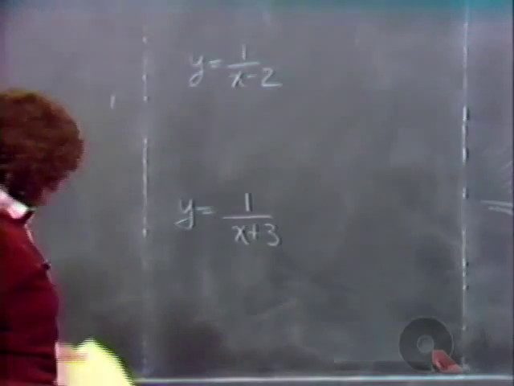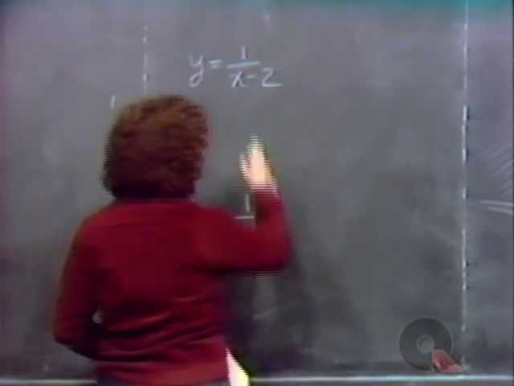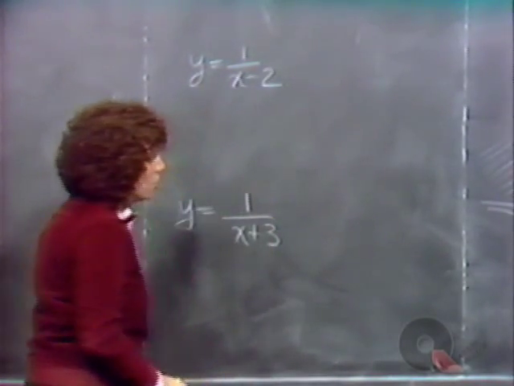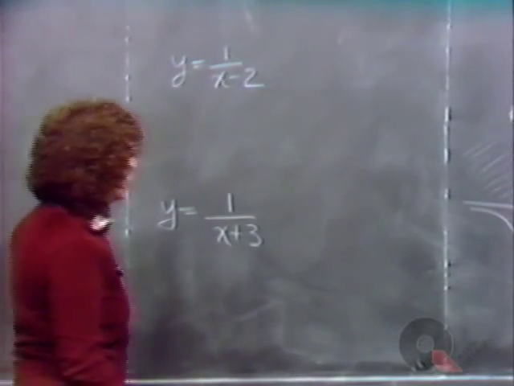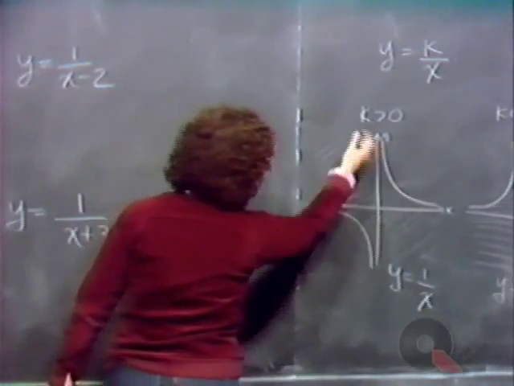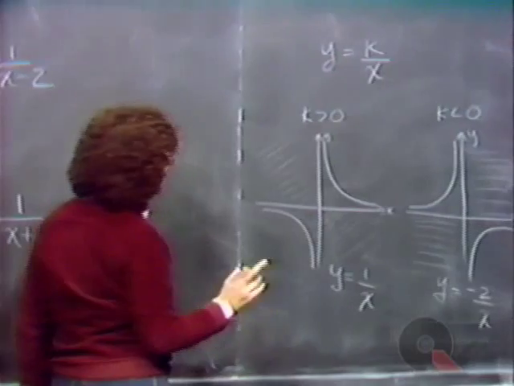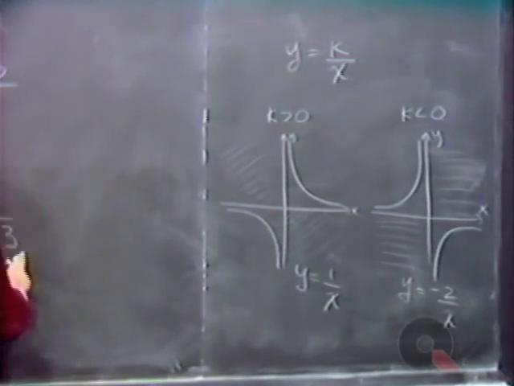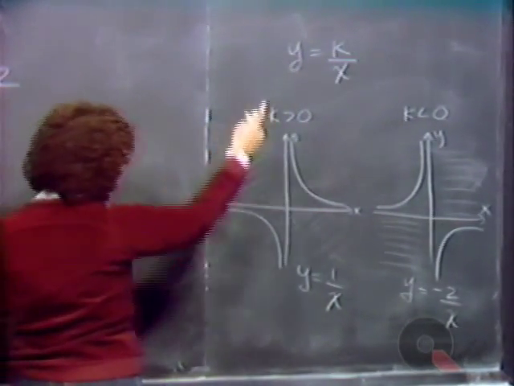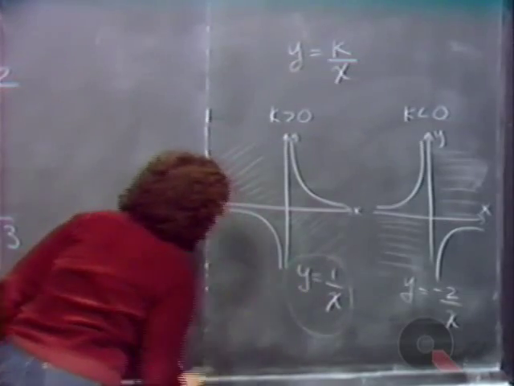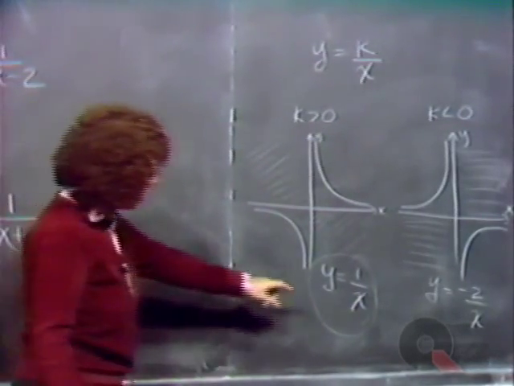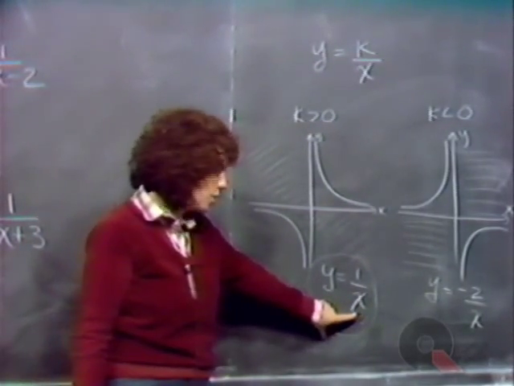Now these are similar to y equals k over x, which we know, if k is positive, is a hyperbola of this basic configuration. The difference between these hyperbolas and the one that we sketched originally, say y equals 1 over x, is that here the trouble occurs at x equals 0.